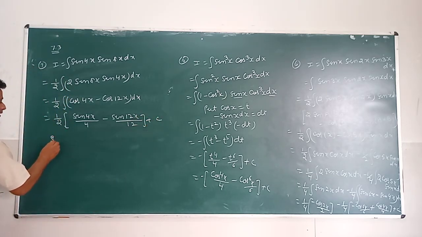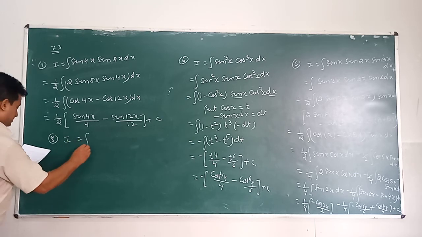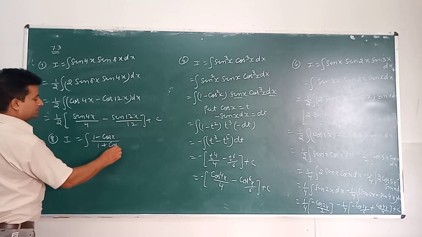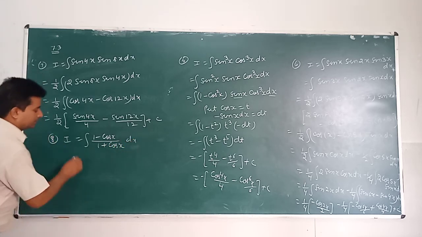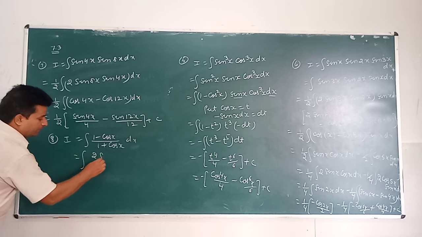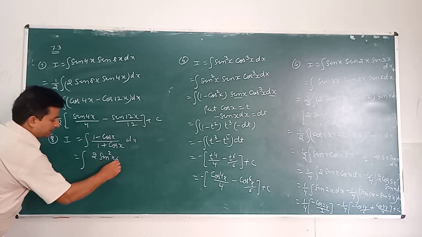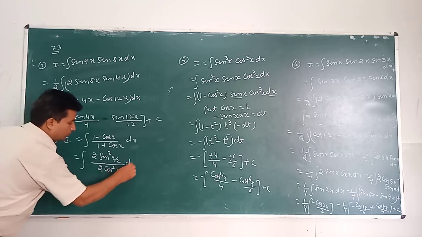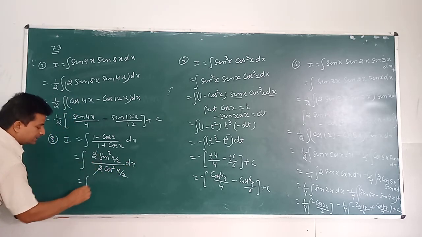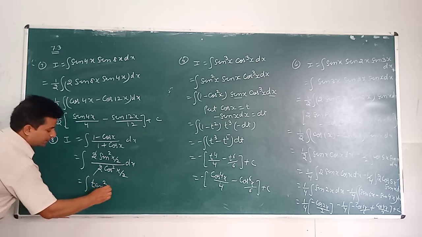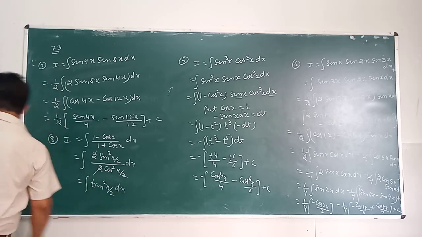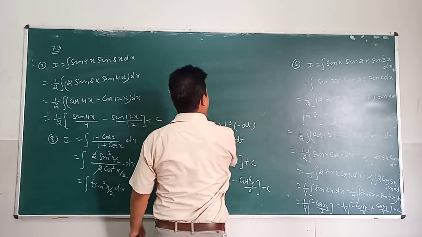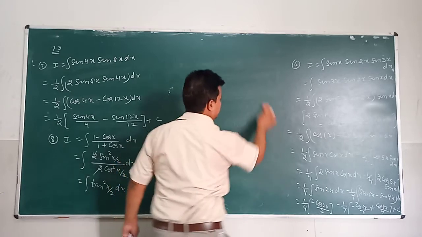In question number 8, the statement is I equals the integral of (1 minus cos x) over (1 plus cos x) dx. Here we use the formula: 1 minus cos x is 2 sin square x upon 2, 1 plus cos x is 2 cos square x upon 2. This cancels out. Sin square x by 2 upon cos square x by 2 is tan square x upon 2. As we know, there is no direct integration of tan square x.